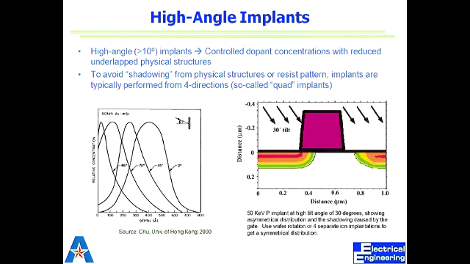But that is also negative for shadowing, right? To get dopant below a structure, we can use an angle, but that causes a shadowing effect. It can work to our advantage, but then you have to provide that rotation effect or implant from four sides so we can get the same amount of implantation on all sides.